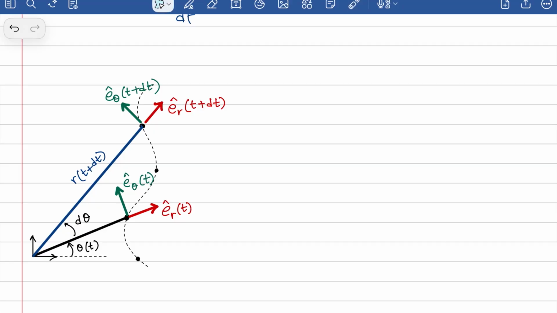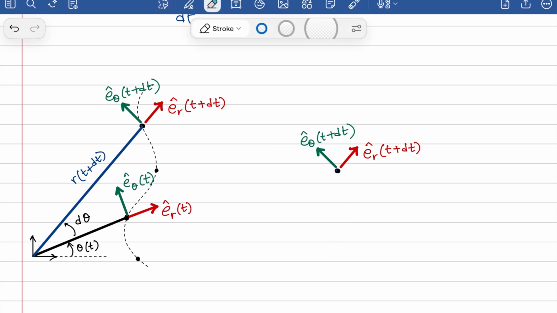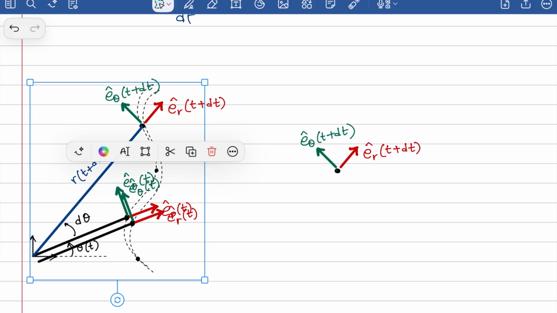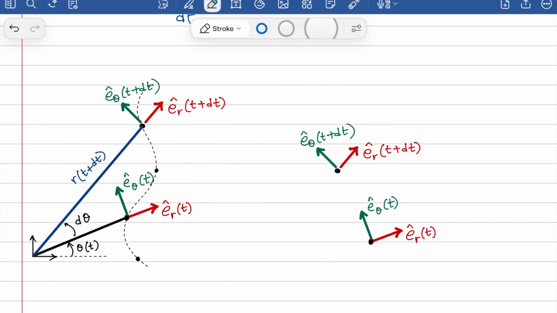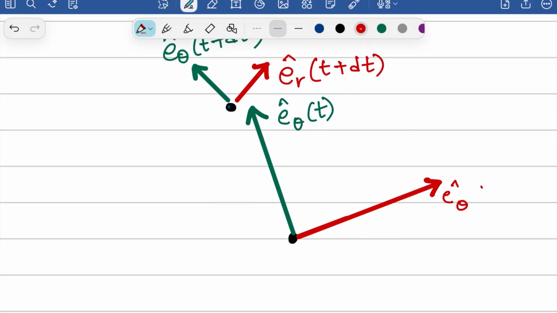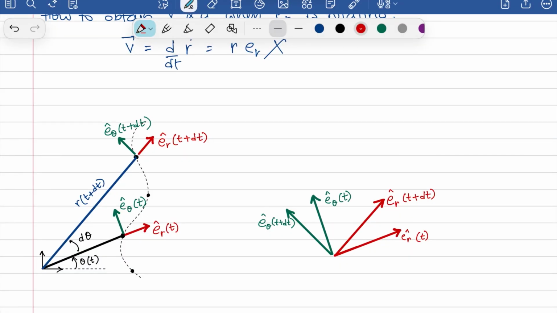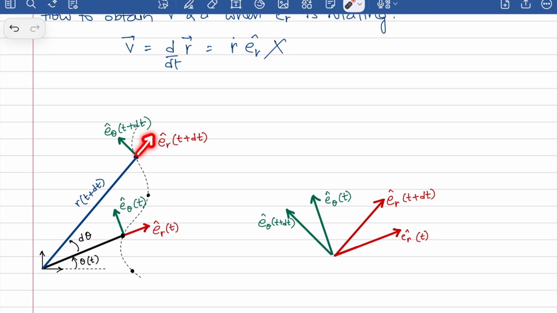If I were to now expand upon this, I'm going to zoom in and look at the angles that are formed. I'm going to create a zoomed in version. What I'm trying to show here is that all I've done is taken this and expanded it to this, in the same direction.